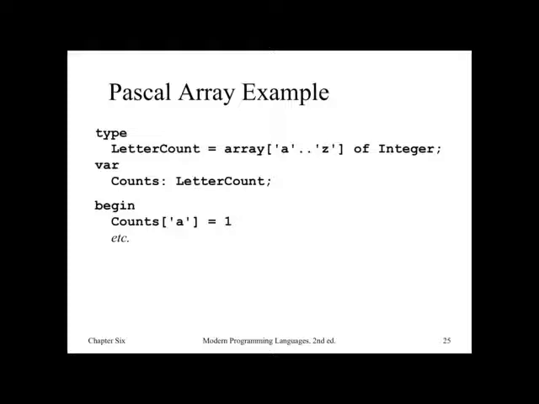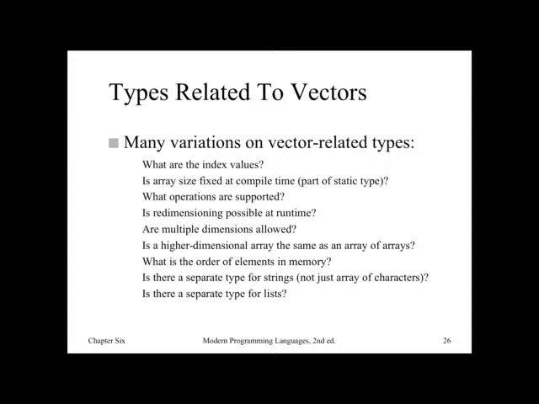Here I give you the variable name, then I tell you what type it is. It doesn't matter, that's just the way this thing works. And then I start shoving values in. I put a 1 in count sub character A. It's a little funky, but anyway, that's all valuable and viable in Pascal.